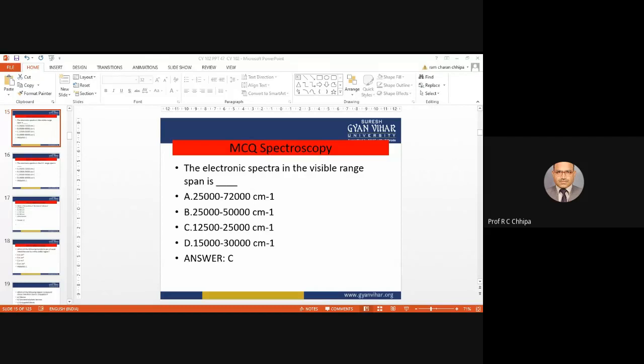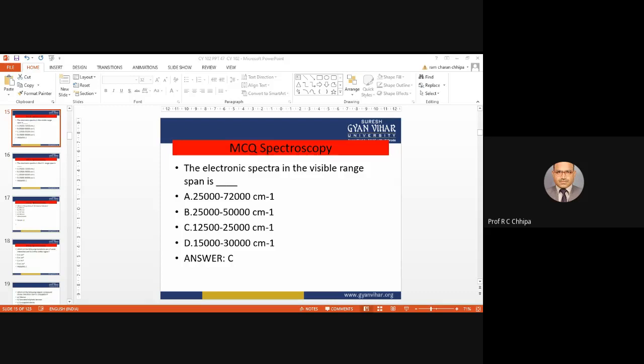So we have 1 upon the number of waves present in 1 centimeter. How can we calculate it? Suppose we are measuring the wavelength in nanometers, 10 raised to power minus 9 meter.